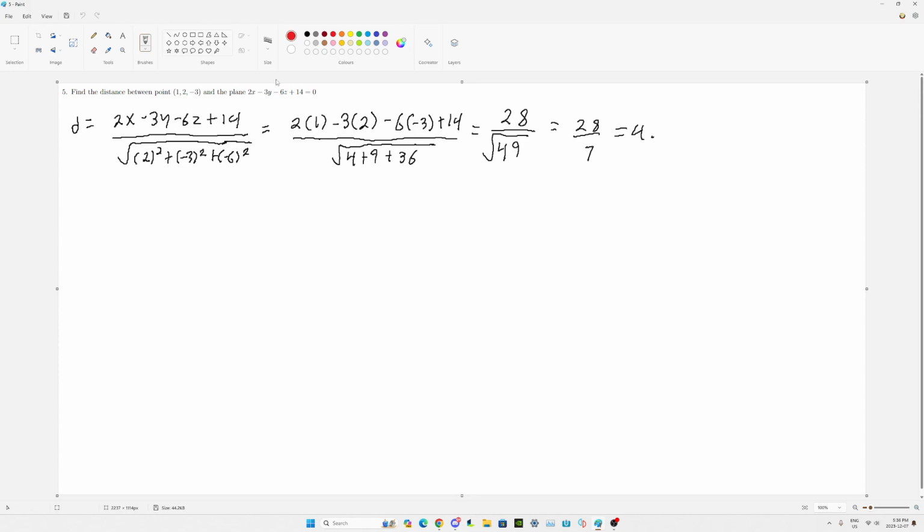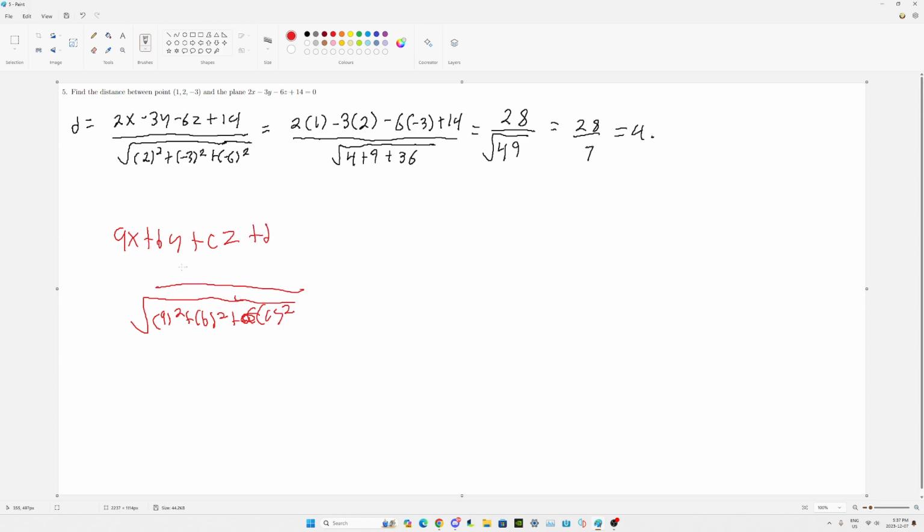All right, 5 is basically just a more complex version of number 4. It follows the exact same thing. So we have ax plus by plus cz. What are we going to end up with on the bottom? We take our a squared plus our b squared plus our c squared. That's our bottom.